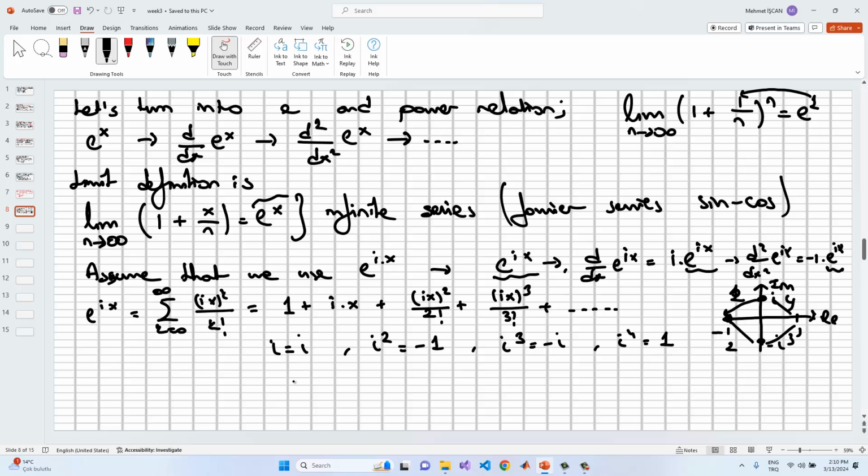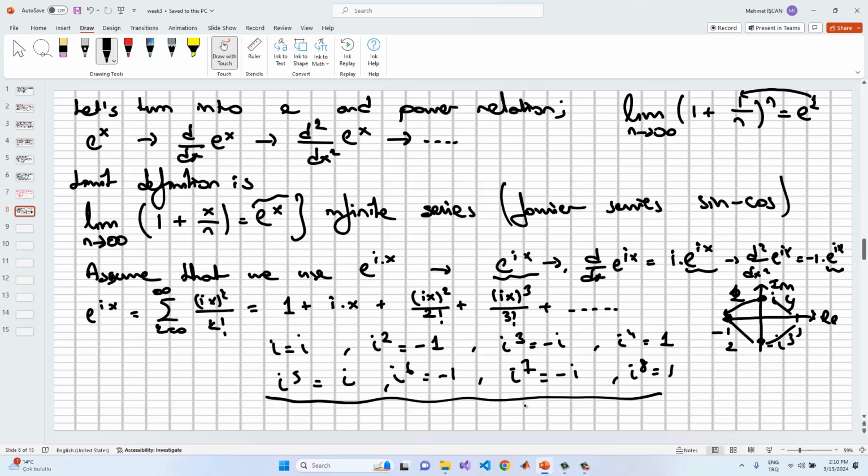Okay. What about this value? And so 1, 2, 3, 4, 1, 2, 3, 4, and it always goes to what?